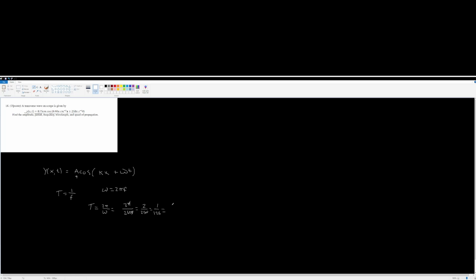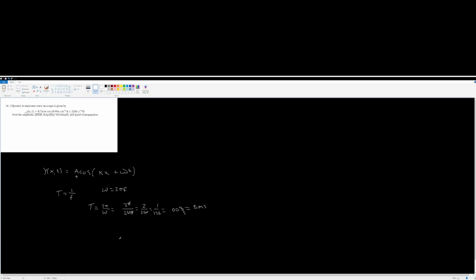And that's going to equal 0.008. I guess they want it in milliseconds here, so you can rewrite that as 8 milliseconds.